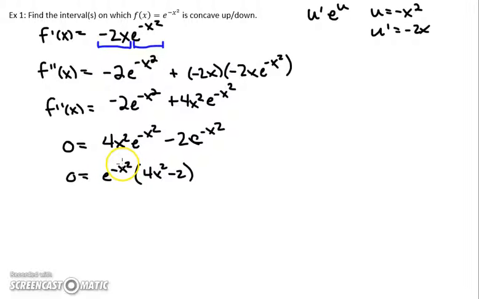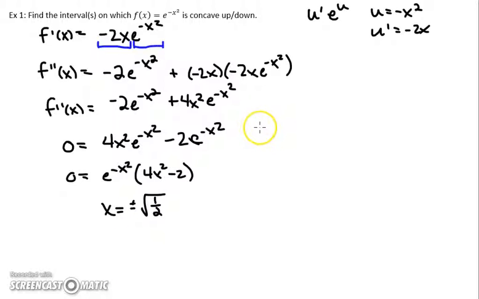It's also never going to be negative. This is always a positive number. It might be really, really small, but it's never going to get to 0, and it's never going to be negative. So when we're trying to solve this, we really need to look at just this piece. This is going to equal 0 when x equals, add 2, divide by 4 is 1/2, take a square root, plus or minus square root of 1/2.